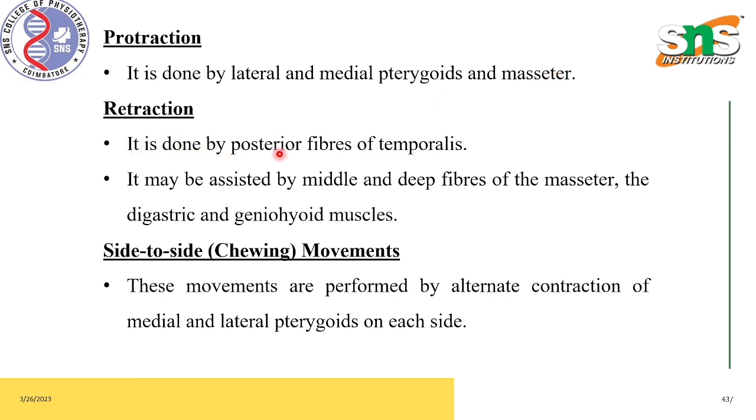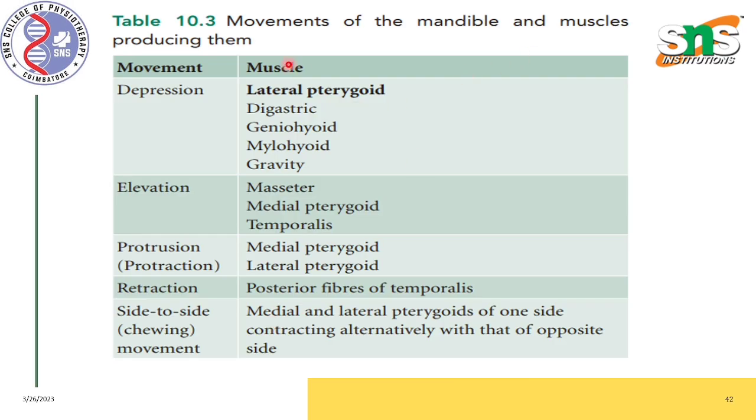Retraction is produced by the posterior fibers of the temporalis muscle, and it may be assisted by the middle and deep fibers of the masseter, digastric, and the geniohyoid muscles. Side to side or chewing movements are performed by the alternate contraction of the medial and lateral pterygoids on each side. So as a summary of the movements, depression is produced mainly by the lateral pterygoid, supported by the digastric, geniohyoid, mylohyoid, and gravity.